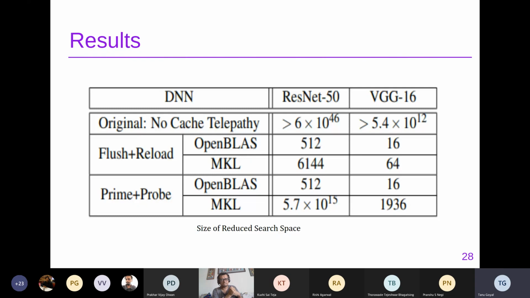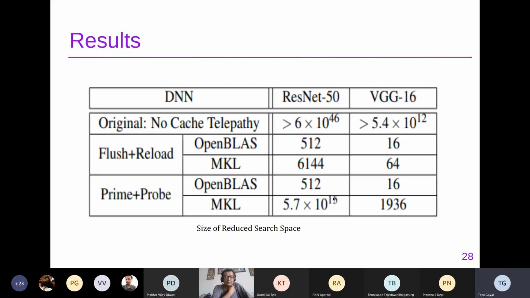Take the analogy of Timsort: if the size is small, it uses insertion sort, right? Similarly, MKL uses a different technique if a matrix dimension is small, and that's the reason that when the attack is performed, the architecture space is still pretty high.